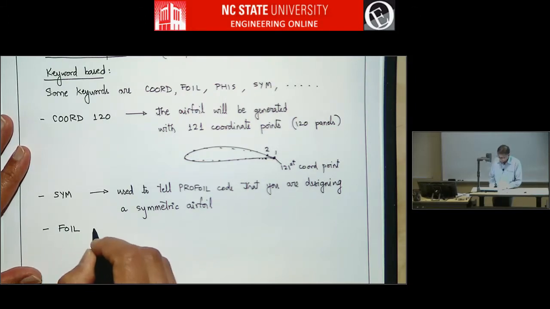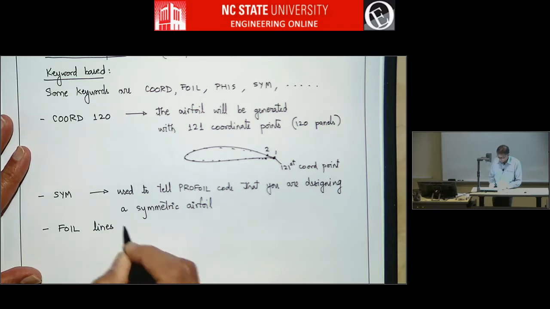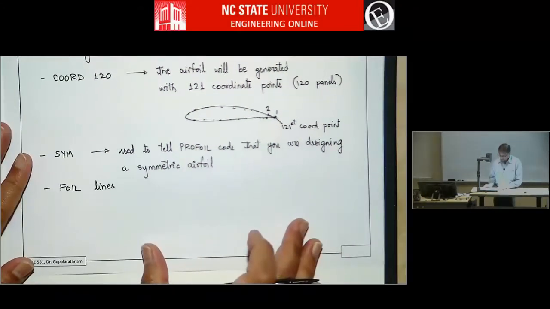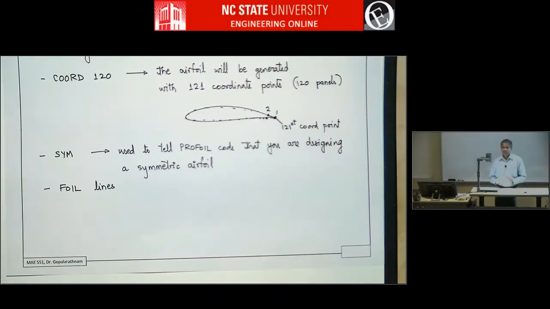These are called foil lines. These are really important because they tell the code how you want to divide the airfoil into different segments, where you want the segment endpoints, and what are the alpha stars for the segments.